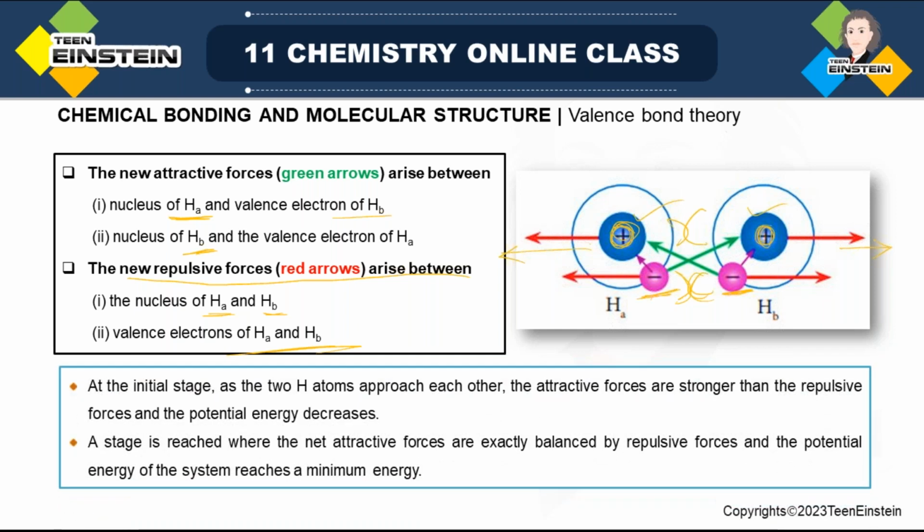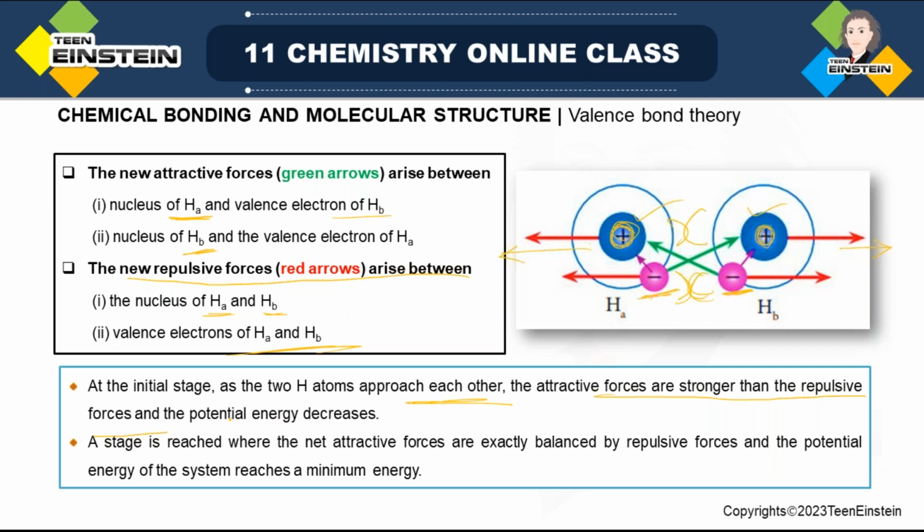At the initial stage, when they are far from each other and you gradually bring them close to each other, what will happen as they approach? The attractive forces are stronger than the repulsive forces, because repulsive force is only present when they are very close to each other. Otherwise, there is no question of repulsion. If two positive charges or two negative charges of two electrons are close, then only the question of repulsion arises.